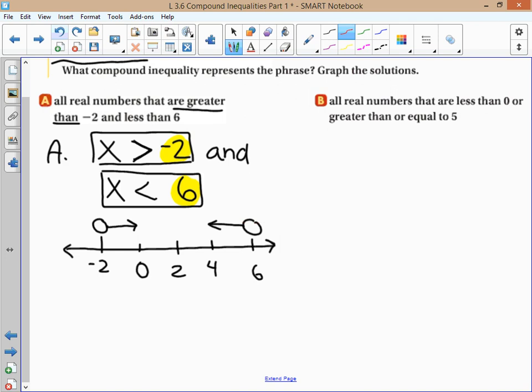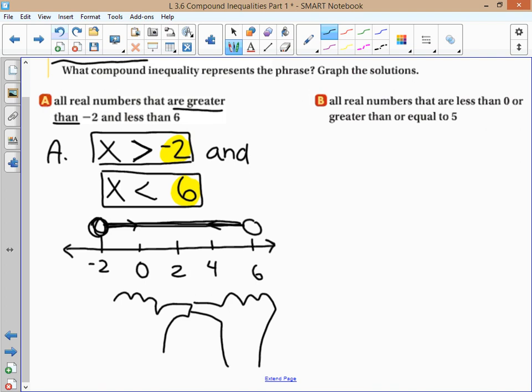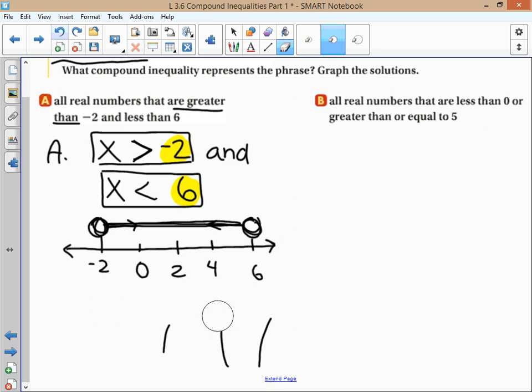So your graph for X is greater than -2 and less than 6 would just be the section in the middle. And that's a graph of an and. It looks like the two hands with the thumbs together, or it looks like a dumbbell. Terrible drawing of hands.